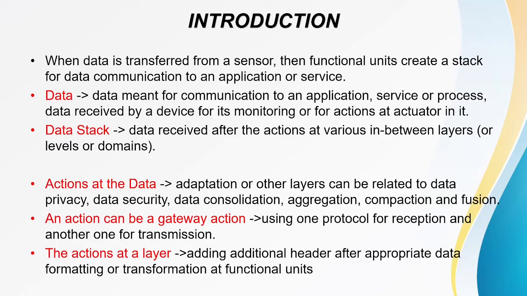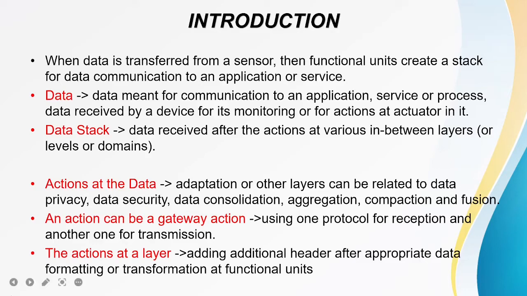Next is the action at the gateway. Now, while coming to the gateway, it will mainly be having one protocol at the receiving side and another one for the transmission.